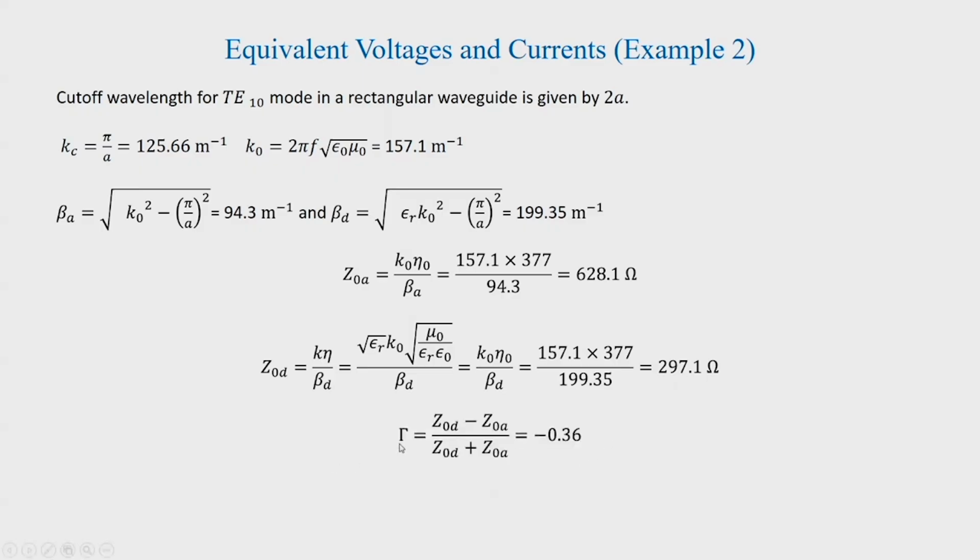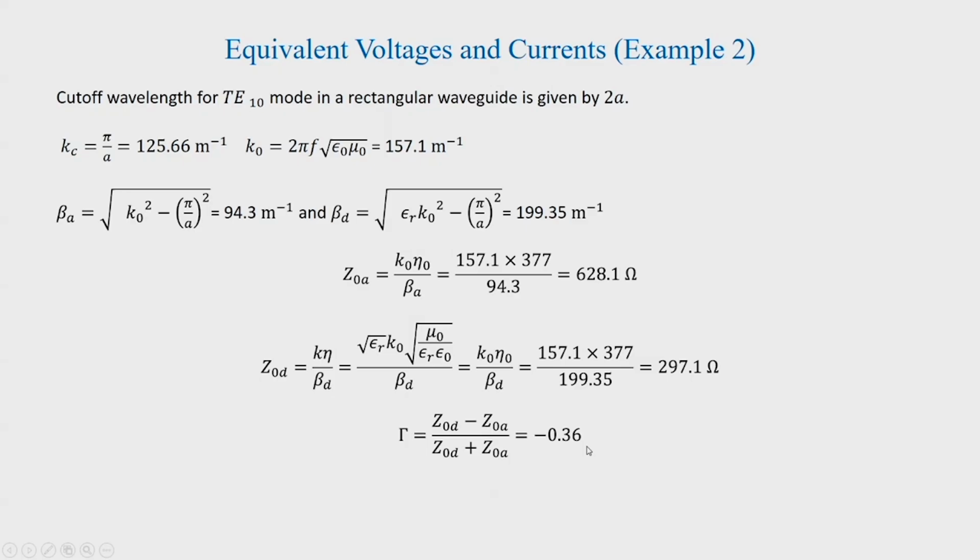We know that the reflection coefficient gamma will be Z naught d minus Z naught a divided by Z naught d plus Z naught a, and once we substitute the values for Z naught a and Z naught d, the reflection coefficient comes out to be minus 0.36.